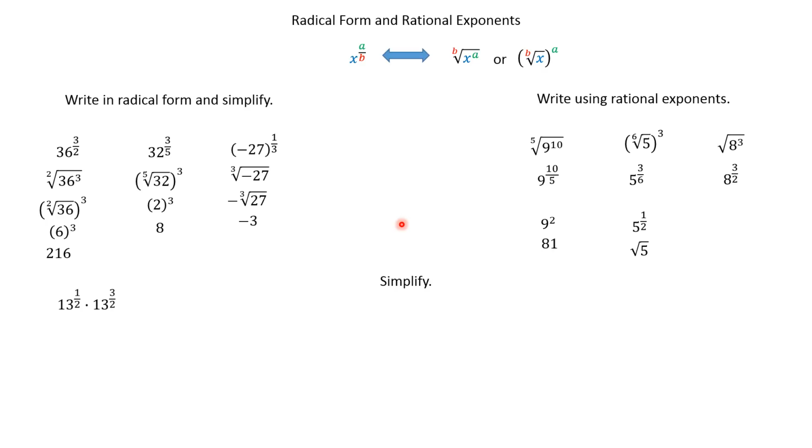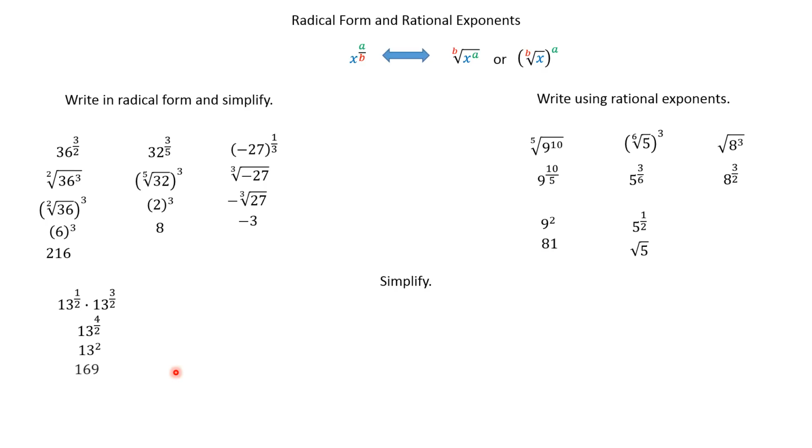So things like 13 to the 1/2 times 13 to the 3/2. Or multiplying two things with the same base, which means, what can we do with our exponents? We can add our exponents. 1/2 plus 3/2, we have 13 to the 4/2. Well, 4/2 is just 2, so it's 13 squared.